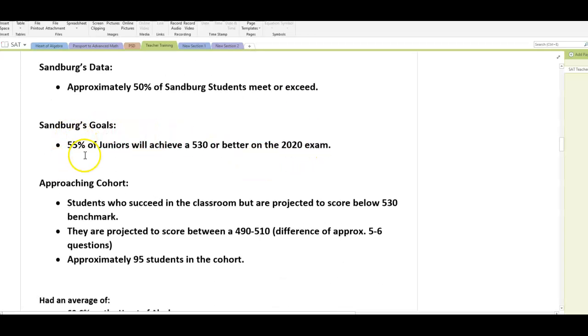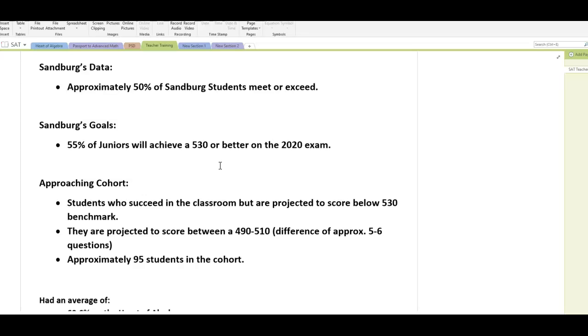So Sandberg's goal was to get 55% of the juniors to achieve a 530 or better on the 2020 exam. When I met with Derek Smith a lot, we talked about the kids that we need to reach in order to meet that goal are the approaching kids, the kids who are right on the bubble, right?